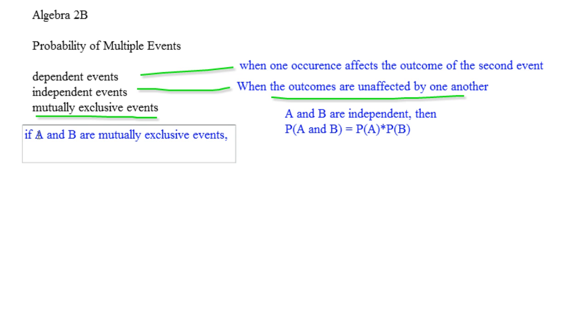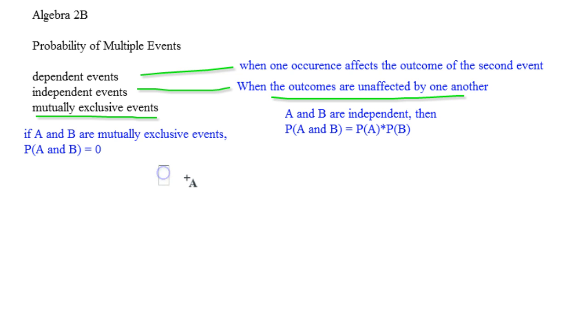You don't get 2 and 6. So that probability of A and B is equal to 0. Okay, so that probability is flat out 0. It does not happen. You cannot get it.